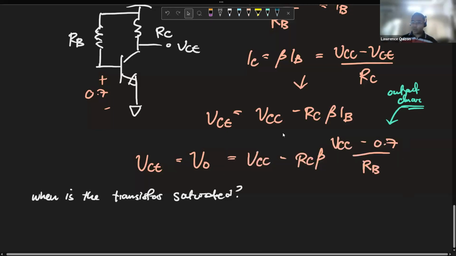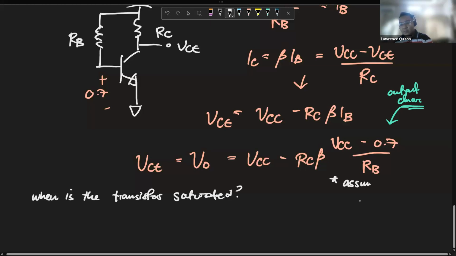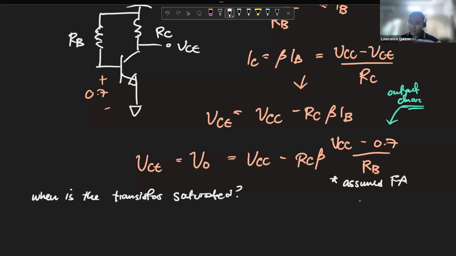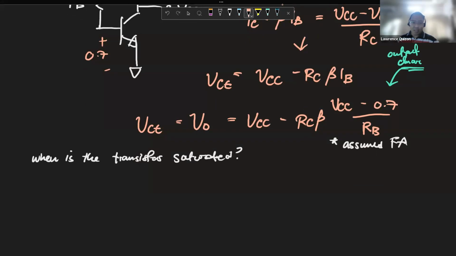We just have an expression for it, where we assume forward active. So we need to check when this expression will no longer be useful. And it's going to be saturated when VCE is equal to 0.2, which would be equal to this thing.